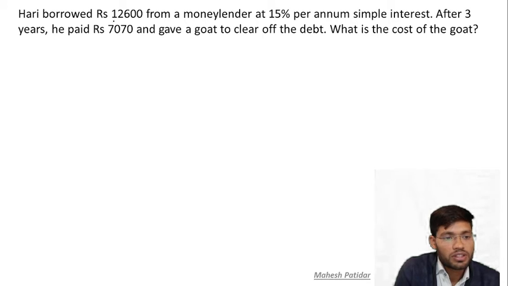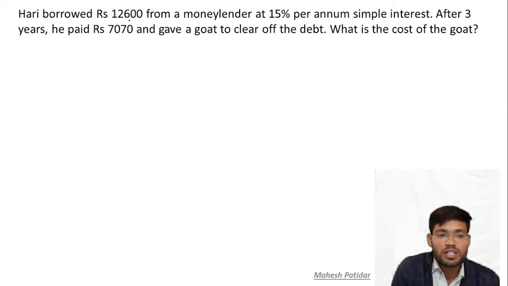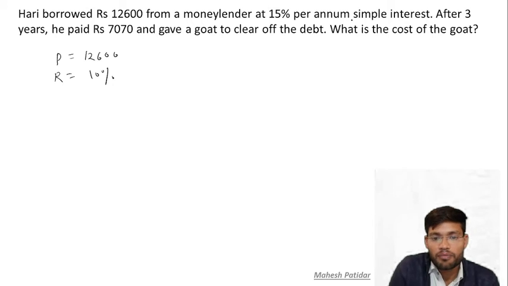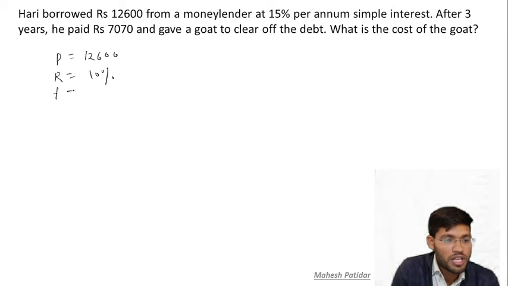Hari is a person who borrowed 12,600. That means principal is equal to 12,600 borrowed from a money lender at the rate of 10%. That means rate is equal to 10% per annum, and time is equal to 3 years.